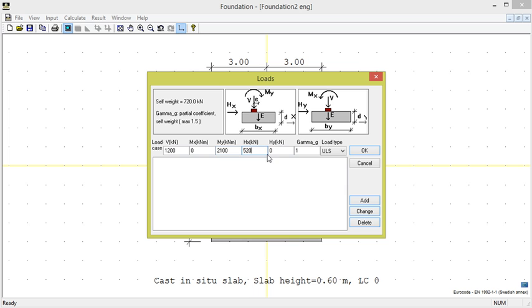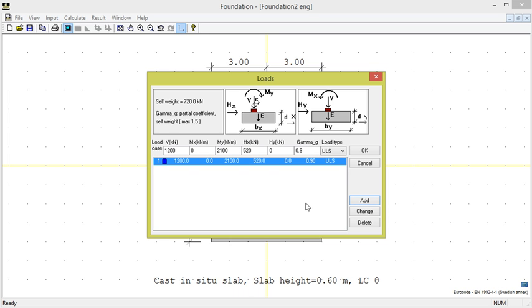And because the load case must take into account the risk of overturning, the factor gamma G is set to 0.9, meaning that only 90% of the self-weight counts as favorable. Finally, the load case is defined as ULS, ultimate limit state.